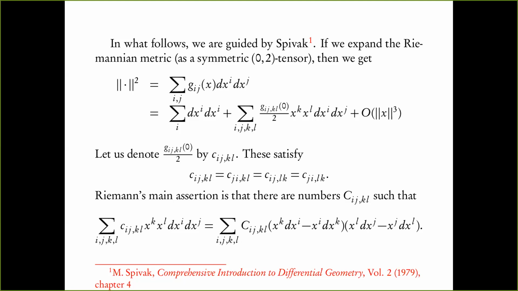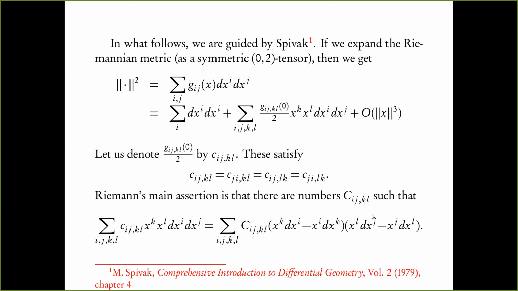But if you remember what we talked about in the curvature 2 form and the curvature matrix, this should remind you of something similar. Okay? So why he thought this form was relevant is because it is connected to the curvature matrix for surfaces. But nonetheless, he wanted to claim that there are numbers Cij,kl such that this expression can be written in this form.